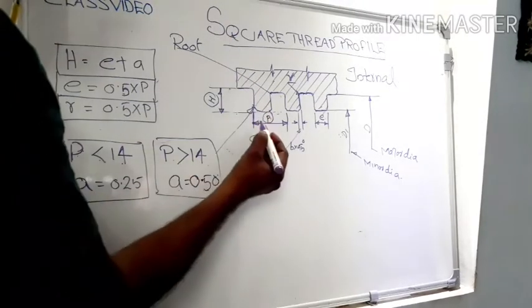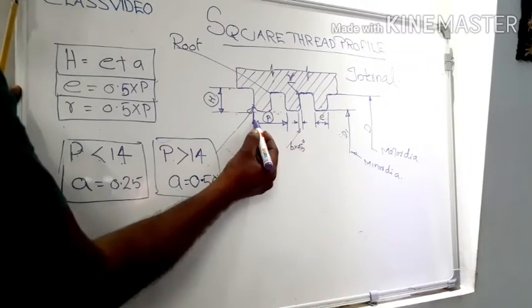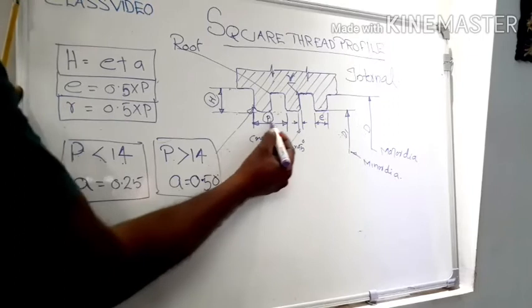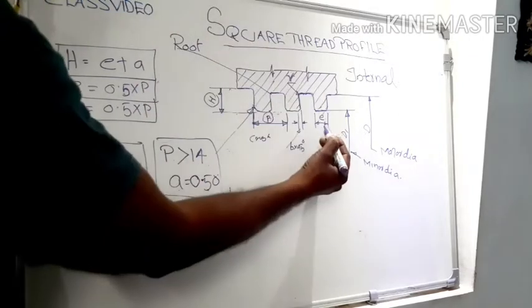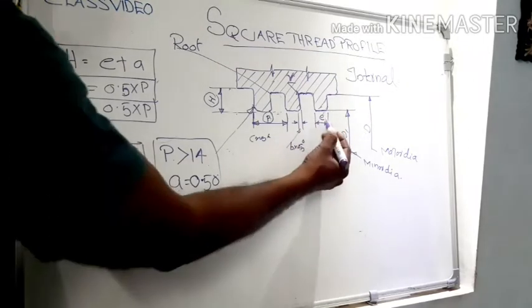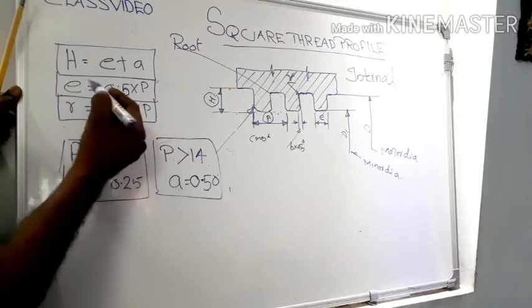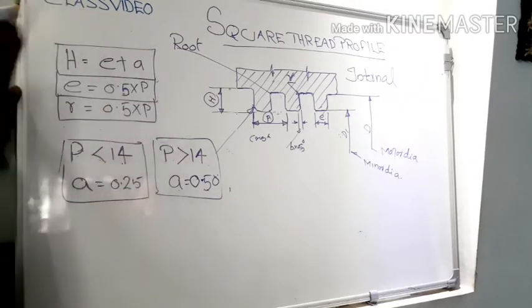And pitch is marked here. Pitch is the distance between two consecutive points, marked here with the letter P. Another parameter is E, the crest width, and its value is 0.5 pitch.